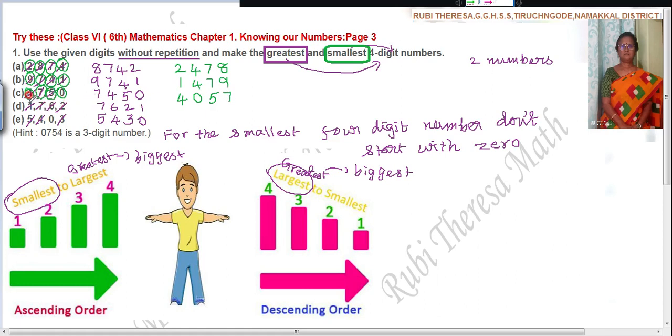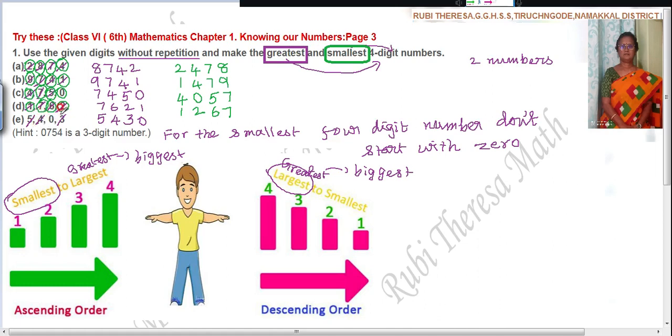Which one is the smallest? 1. Which one is the smallest? 2. Next one is 6. Next one is 7. Next. Here you see 0 has come. So, is it possible to start with 0? No. So leaving out 0, compare these 3 numbers.